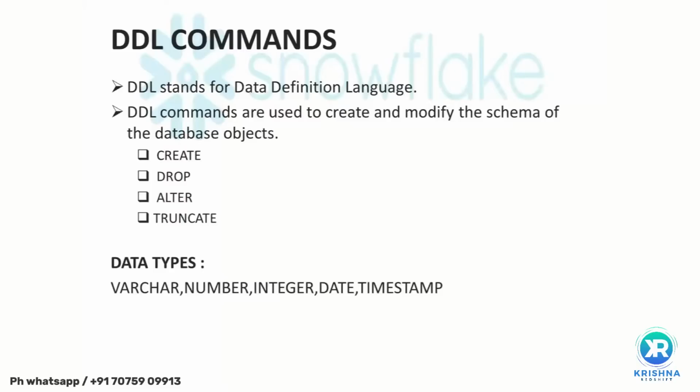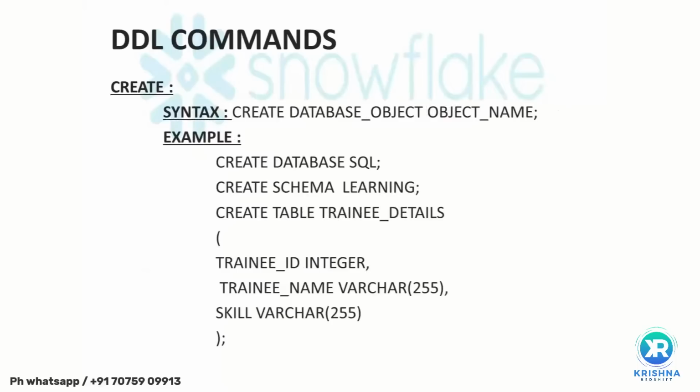Data types I will explain when we create a table. Every field needs some data type: for integer fields one, for character fields another, for date fields another. We will see that when we create a table. This is the way we create a table: create table, table name, then field data type, field data type, like this.